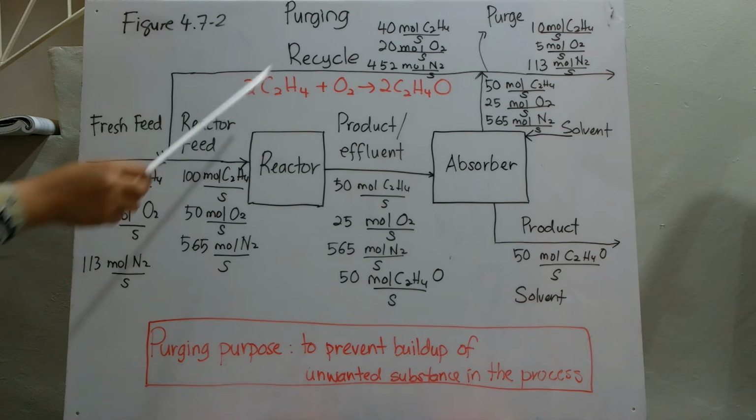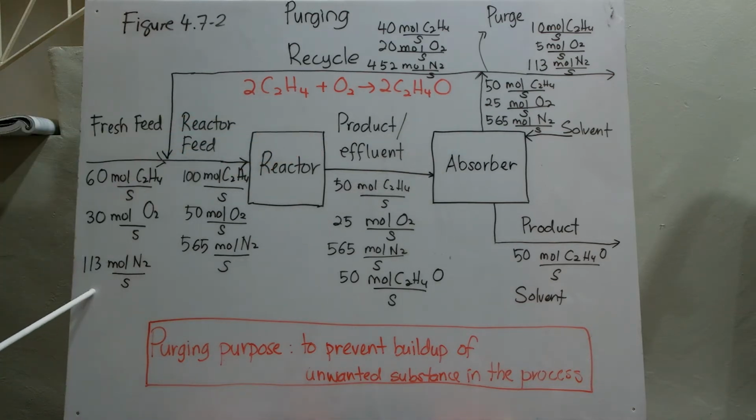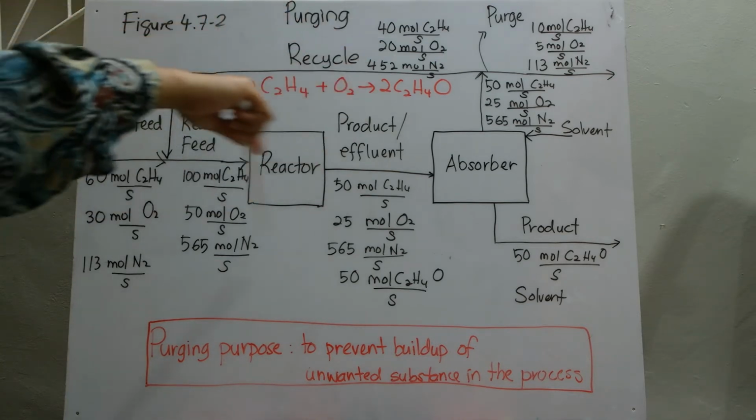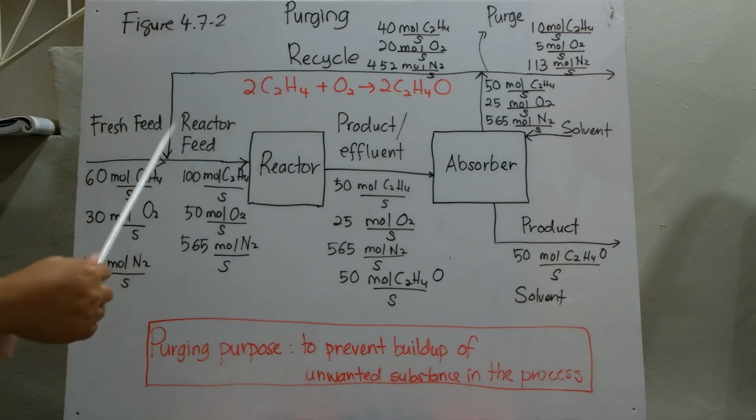But remember, in this process we have nitrogen, because our fresh feed comes together with nitrogen, but this nitrogen is actually inert. It does not get involved in the process. This nitrogen will go into the process and keep on recycling without any means of going out.